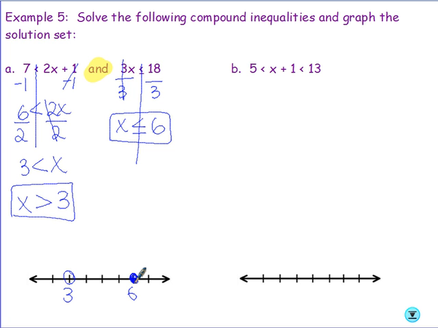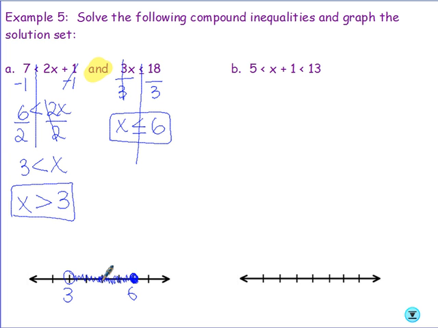Now these are special problems. They work a little differently. Let's take a look at our arrows. The 3, the arrow is pointing to the right, which means I'm going to start shading to the right. However, the 6, the arrow is pointing to the left. So from the 6, I'm going to start going to the left. What's eventually going to happen? Eventually they're going to run into each other and they're going to stop.